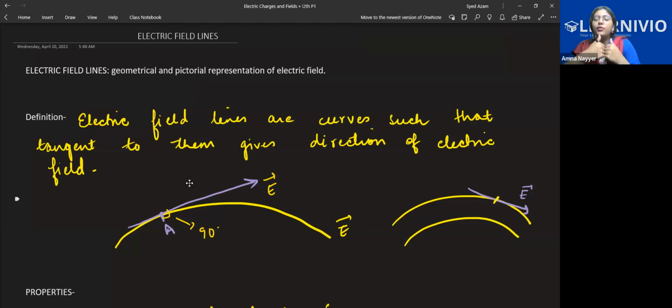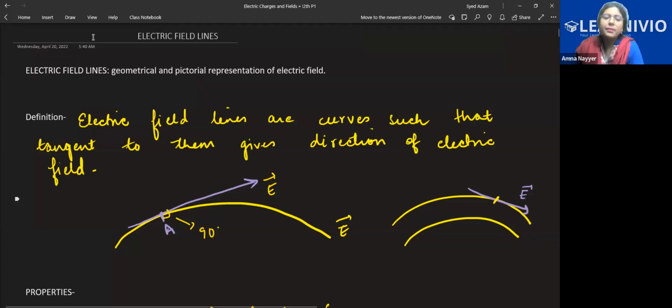If you want to explain it to someone, you cannot draw the electric field every time, because it's just a property that can be felt when you bring a test charge. That's why we brought the test charge, so that we could assess whether the electric field was existing around the source charge or not. So electric field lines are basically geometrical and pictorial representations of electric field.